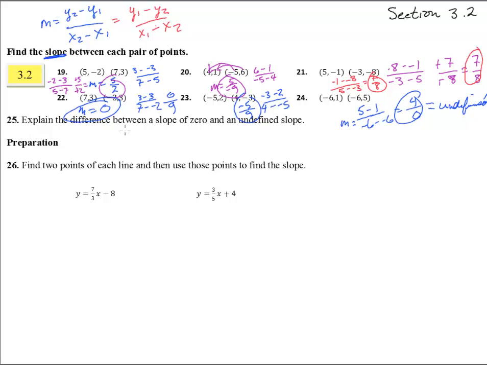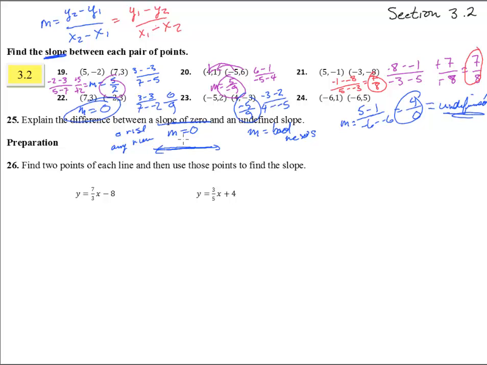Number 25. Explain the difference between a slope of 0 and undefined slope. I call it bad news. Or what happened over here, undefined. A slope of 0 means that you have 0 rise over any run. So that means you're going like this, and the steepness is 0.